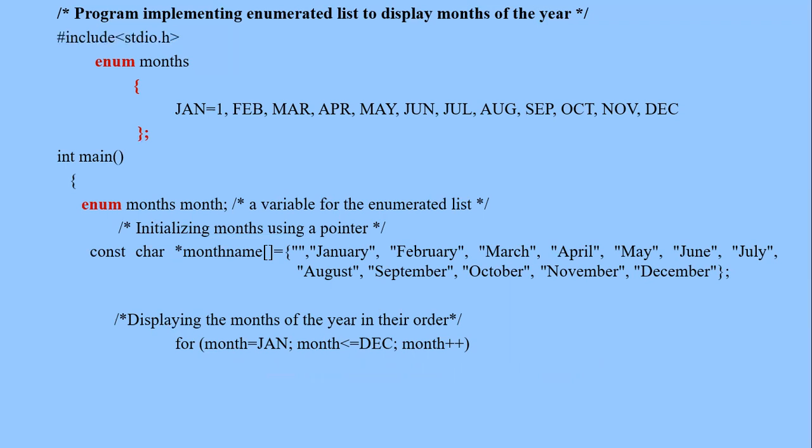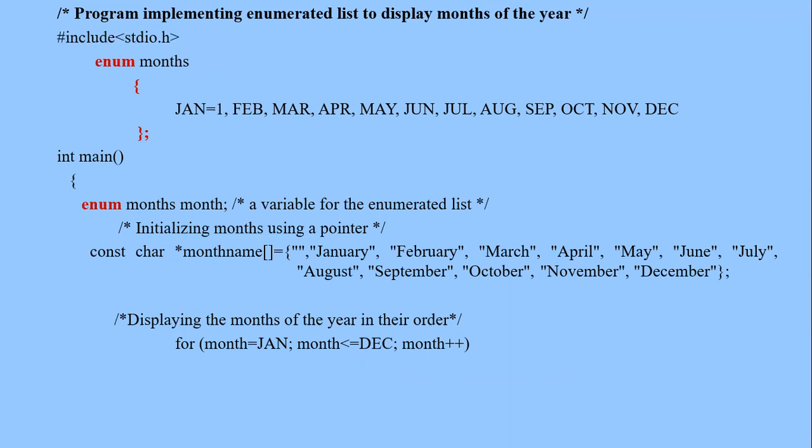For example, from the definition, we can see in a month, Jan is 1. So pick 1, assign it to the memory location called month. Then check if that value is less than or equals to the value for December, which is 12.